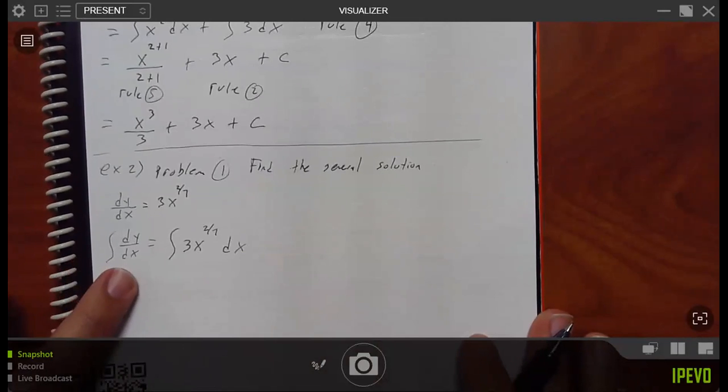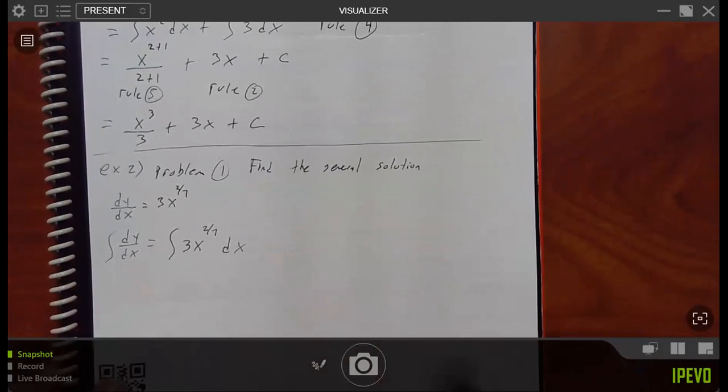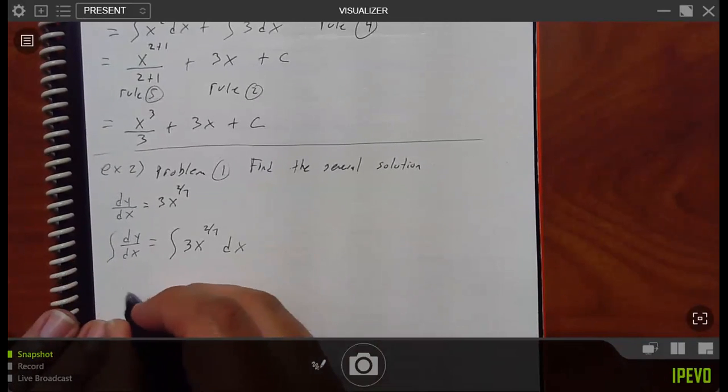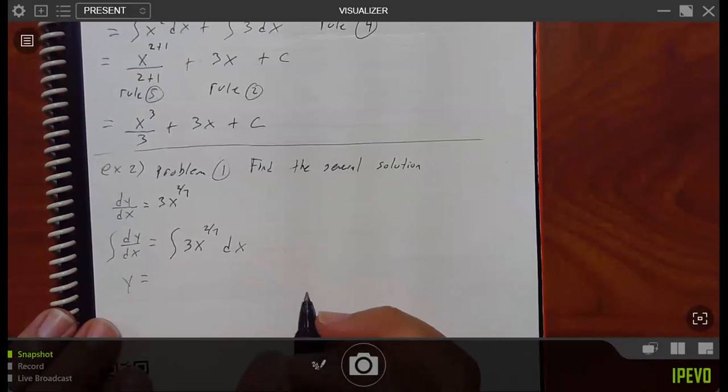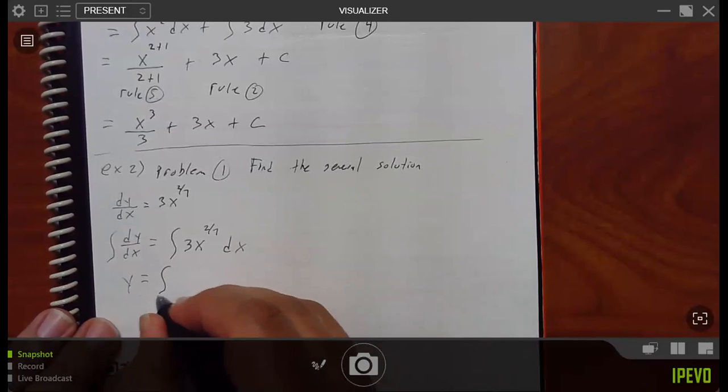Remember I said the derivatives and antiderivatives will cancel. So this will basically leave you with y, the original function. So y is equal to this antiderivative.